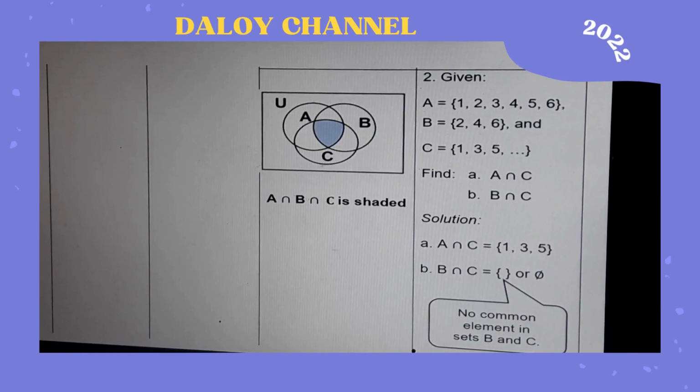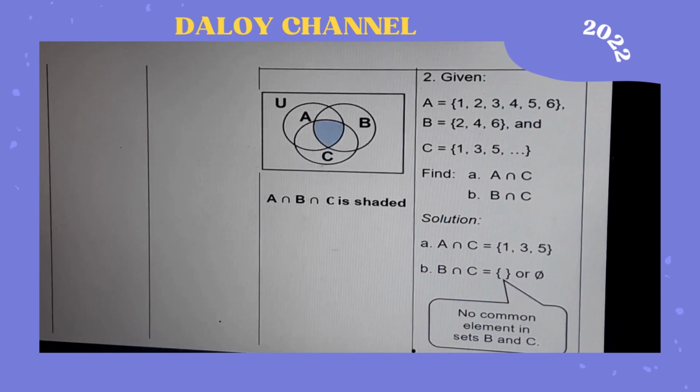So if you are required to find the intersection between A and C, what are the common numbers in A and C? We have only 1, 3, and 5.